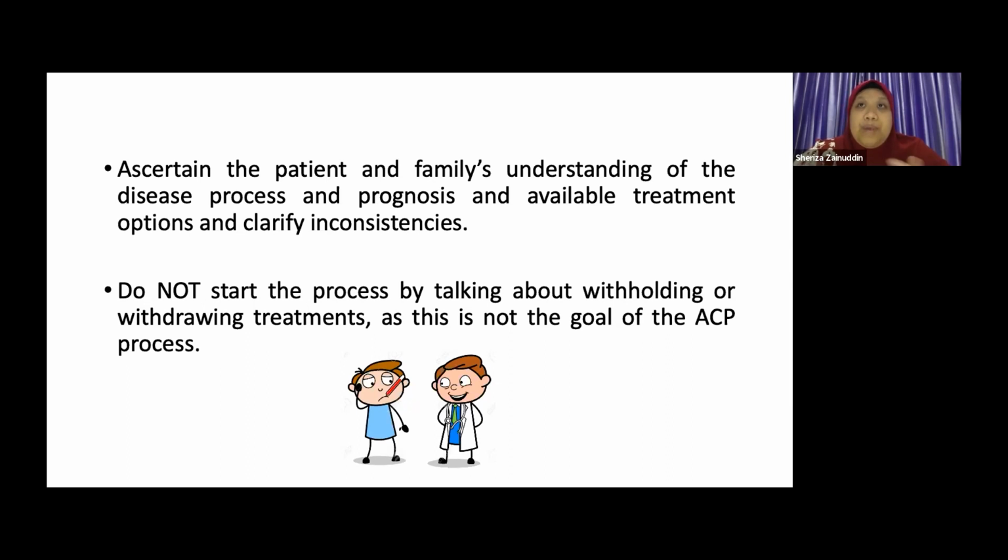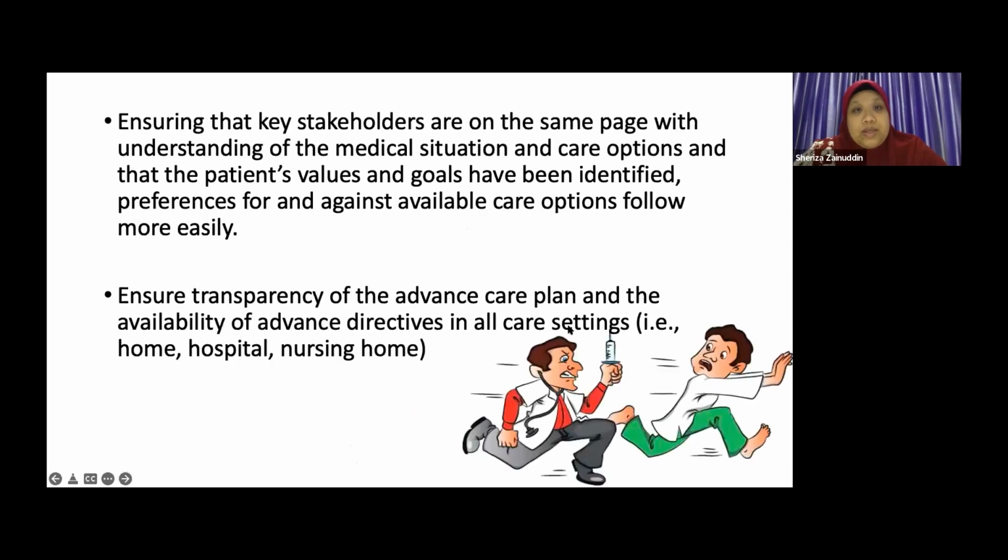This is not the goal of ACP. It's more about a plan of what would be the best medical or non-medical option for this patient in the event of this patient being unable to make his own medical decisions later in future. So again here, remember I talked about proxy and surrogate decision maker. Here the clinician should ensure that all key stakeholders, that means the ones I mentioned earlier, are on the same page.